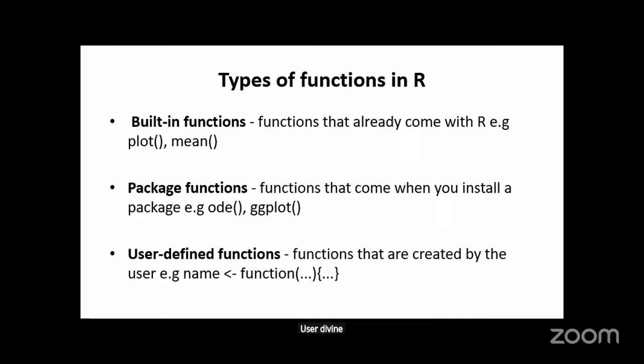User-defined functions are functions that are created by the user, and it usually follows this format. You have the name, you create the function, and then you have these brackets, and then these curly brackets. Can we see that? So after creating the function, you give it a name.